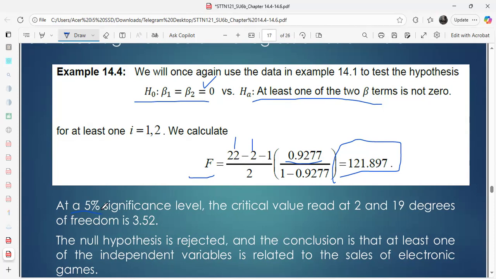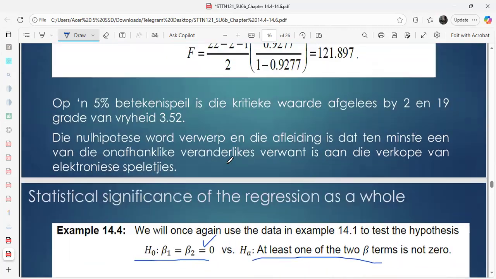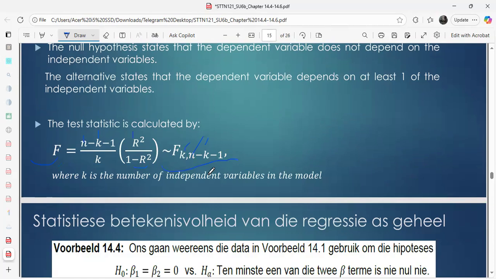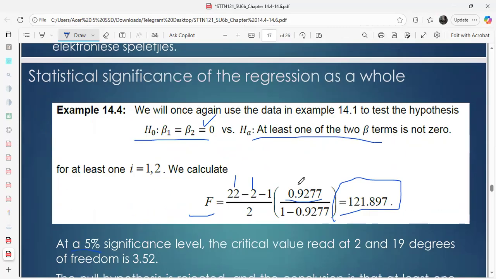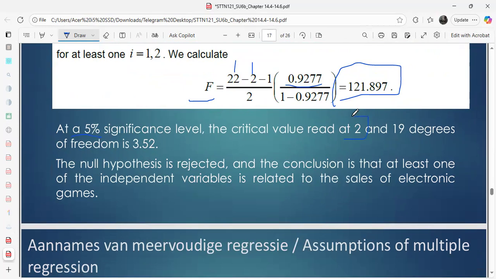To get the degrees of freedom, there was a formula: F with k, and then n minus k minus 1. The k here is 2, then n minus k minus 1 is 22 minus 2 minus 1, which is 19.